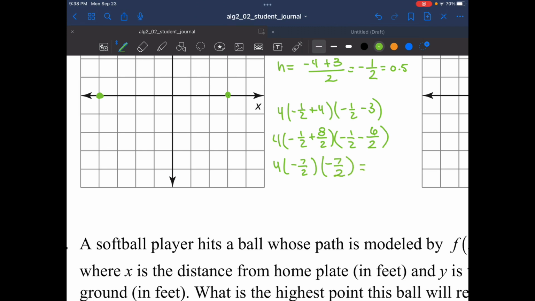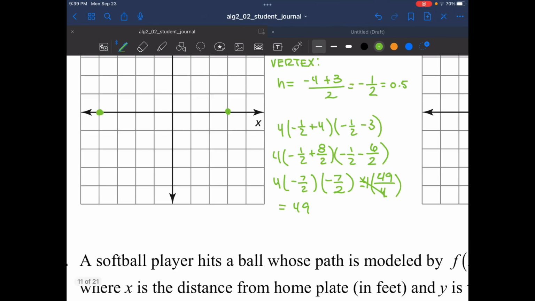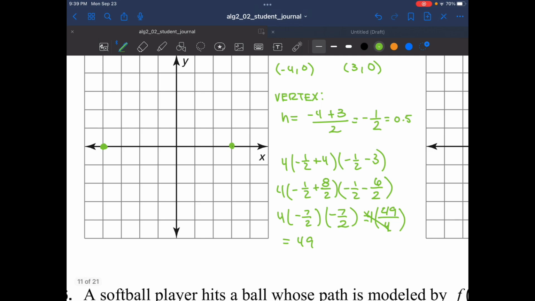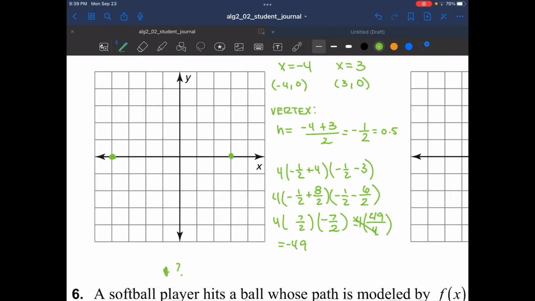Okay. 7 times 7 is 49 over 4 times 4. Those cancel, and we get 49. So that's way, way, way in like another dimension. We should have gotten, my bad, this should have been a positive here. There we go, problem solved. So that's way down here somewhere.